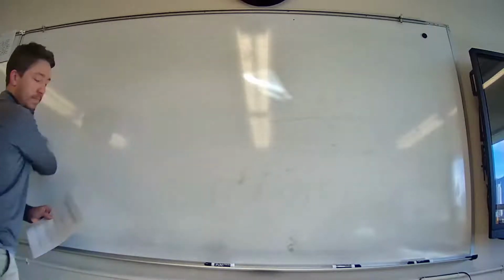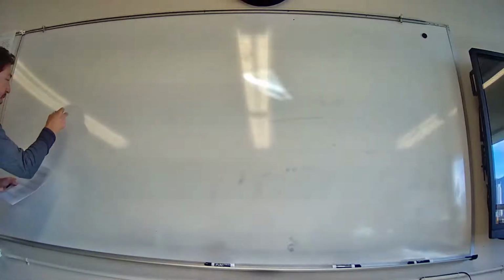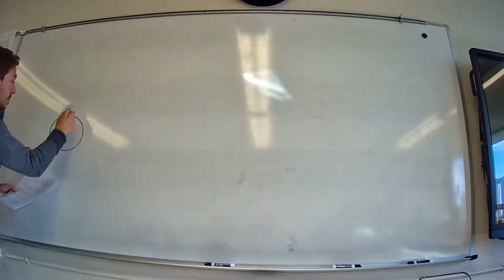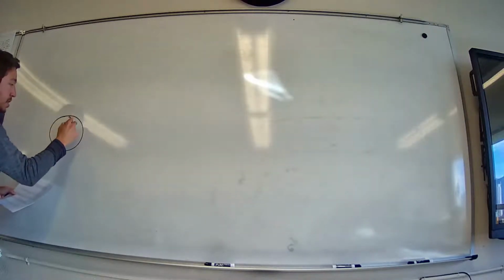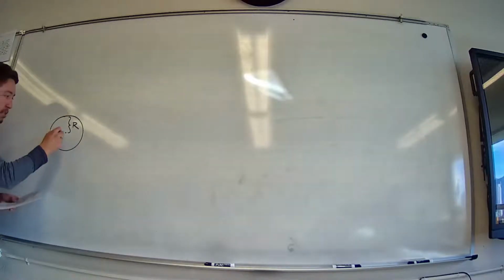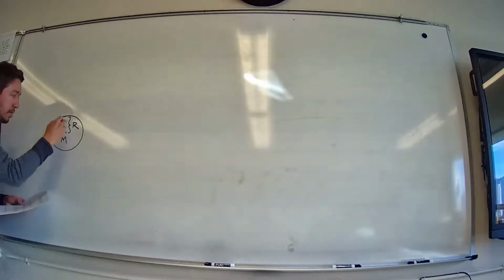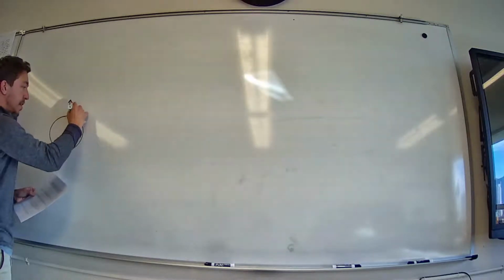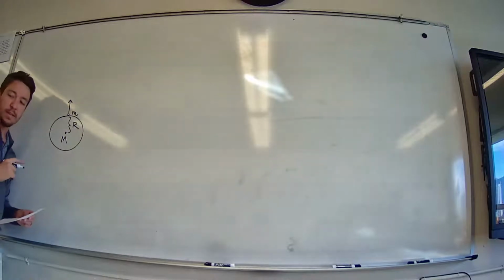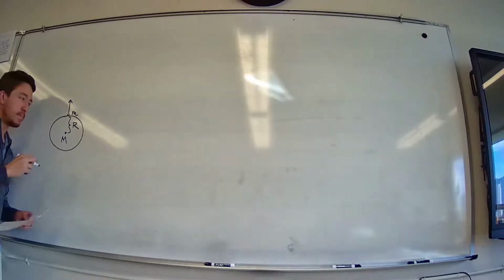Okay, so what you do is you say, here's the planet. Here's the surface at a radius of r. The planet's mass is M. Here's the cannonball. It is shot up. Mass of little m. Can we predict what's going to happen to little m?